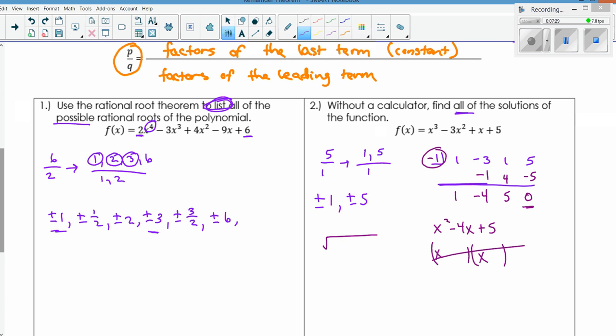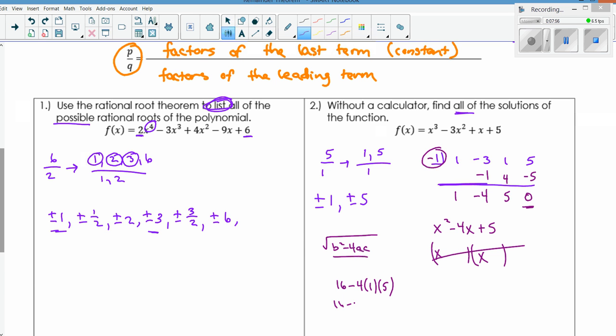Underneath the radical was your b squared minus 4ac. Remember, we can only take the square root of a positive number, not a negative number. So before I use the quadratic formula, I'm going to use this discriminant to see if it's even possible to get a 0. So b squared, my b is negative 4, so squared is 16, minus 4 times my a value times my c value.